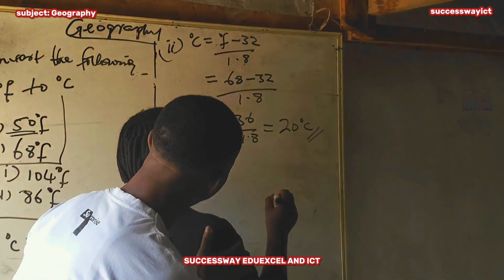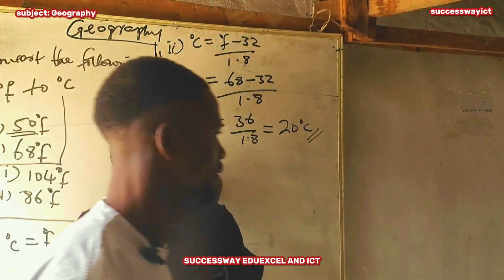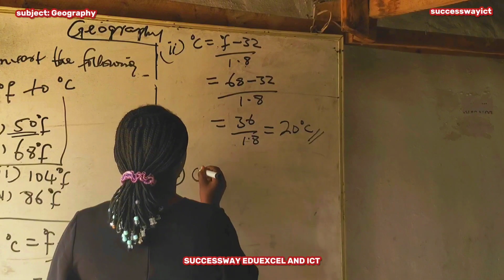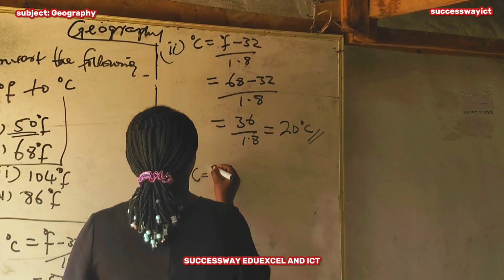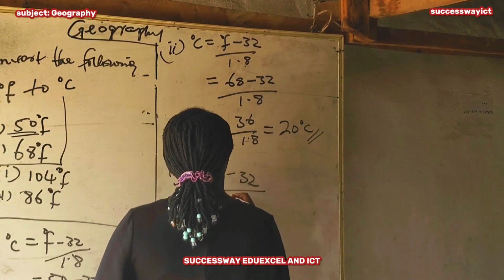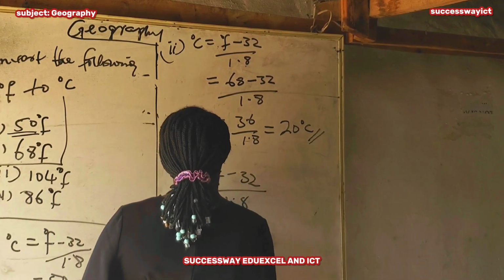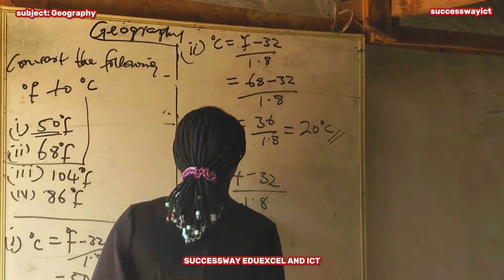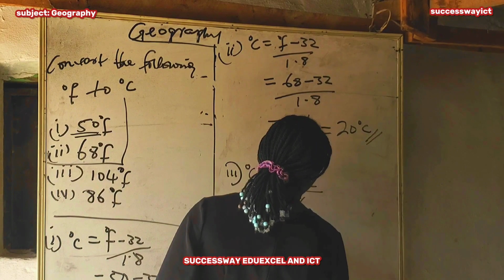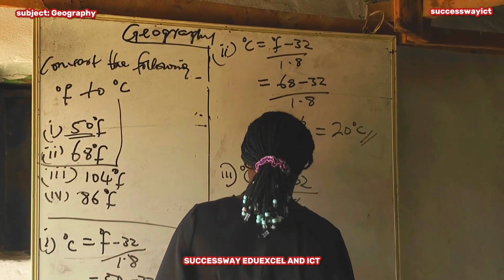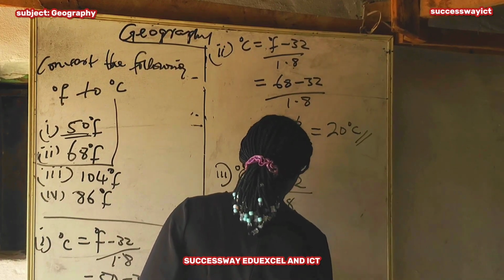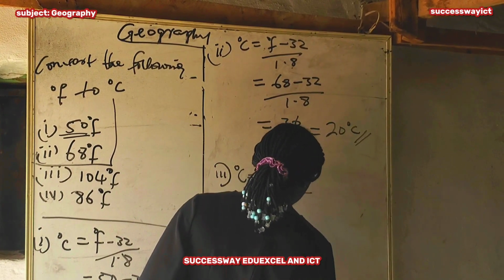Ask them. Don't waste your time. 72 over 1.8.